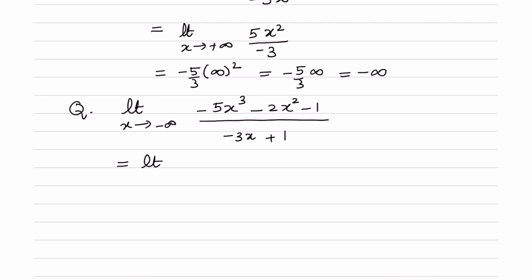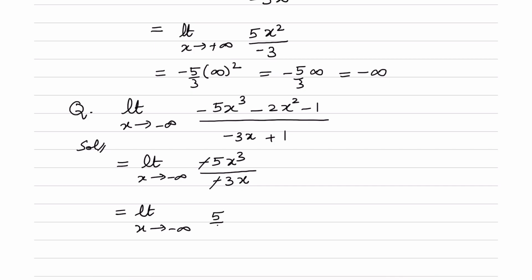So we will keep the highest degree term in the numerator and the highest degree term in the denominator. The numerator gives us minus 5x cube divided by minus 3x. After simplification, minus minus cancels out and we have 5 over 3 x square.